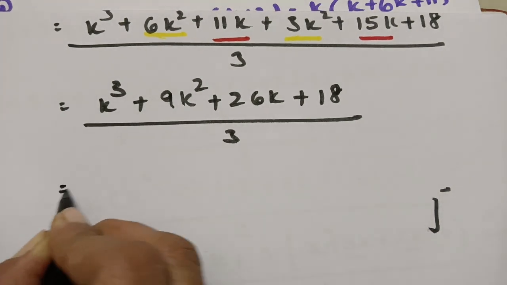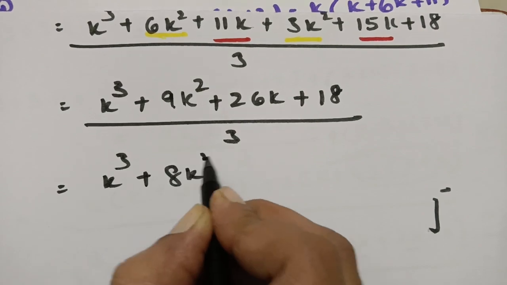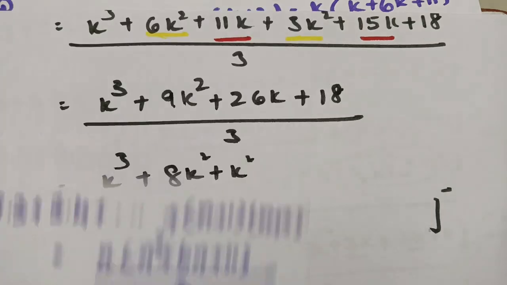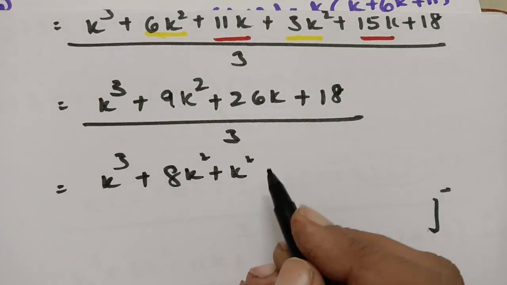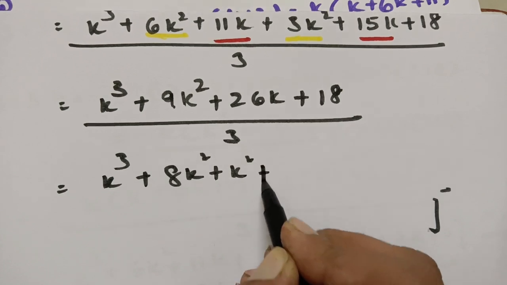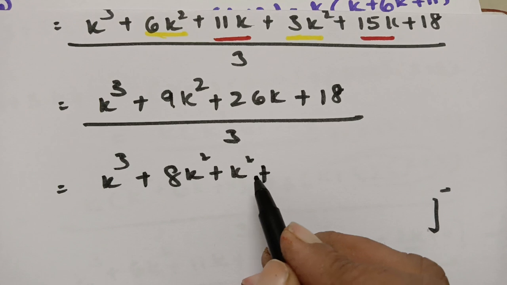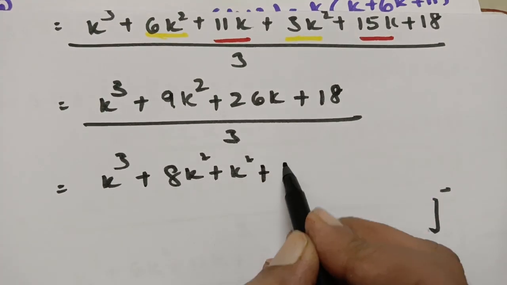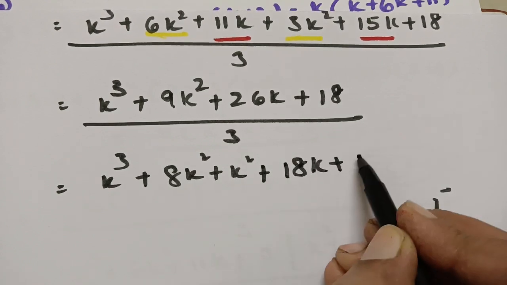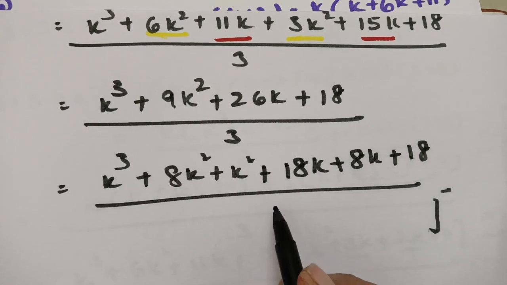So I am trying to write this as, I need 8 here. So I am splitting this as 8k square plus k square, as I need 8k here. So I need again 18. And the next thing which I am going to do is 18k plus 8k. And this 26k can be written as 18k plus 8k plus 18 by 3.